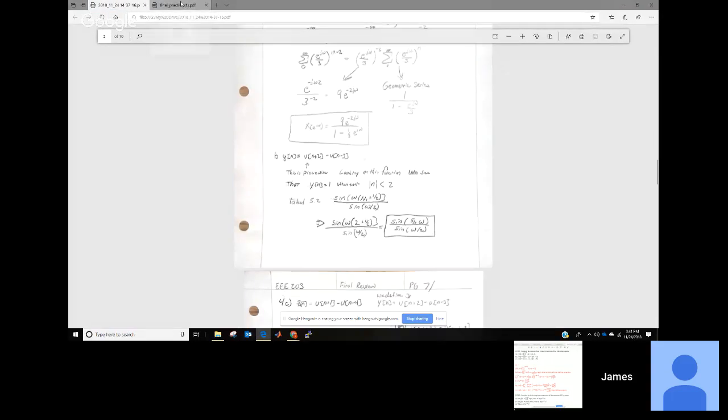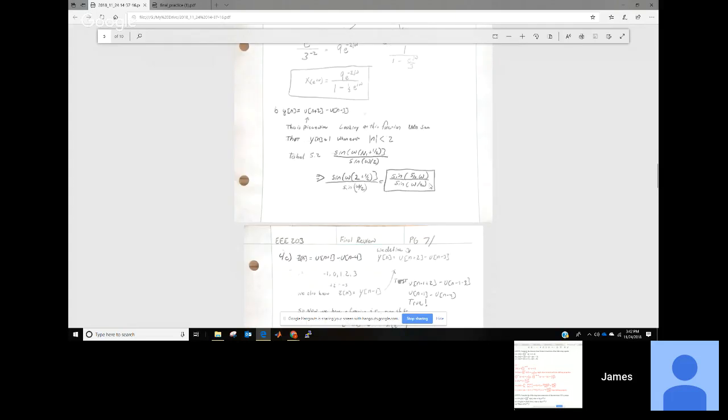Then we can realize that this is a piecewise function where the magnitude of n is less than 2. So we use table 5.2 and find this transform, and we know our n1 is equal to 2. We just plug that in, and we get this nice neat little function.